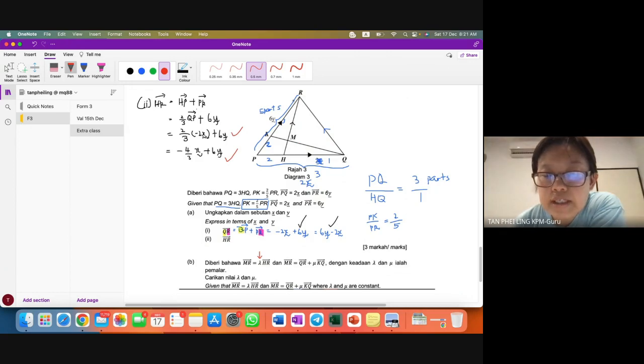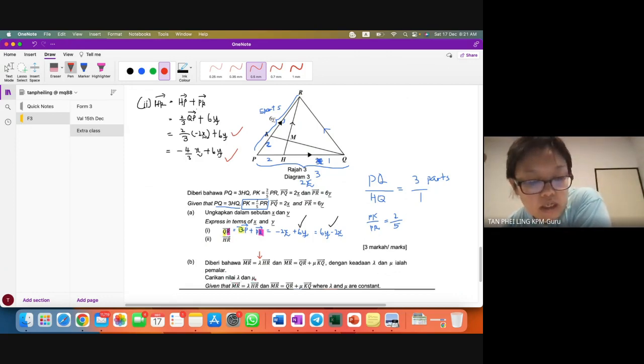Yeah, that is MR. MR can be from QR, and then plus mu KQ. So that is a given statement, where the lambda and mu are constants. So they will ask you to find the value of mu and lambda.